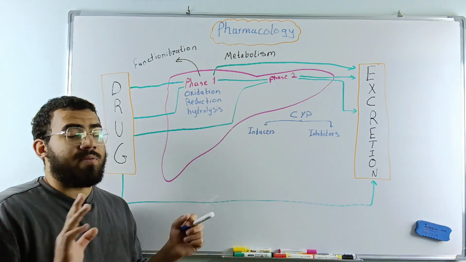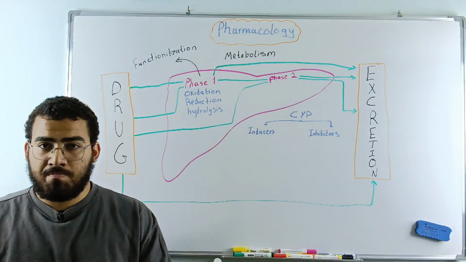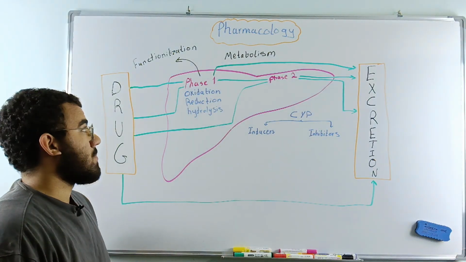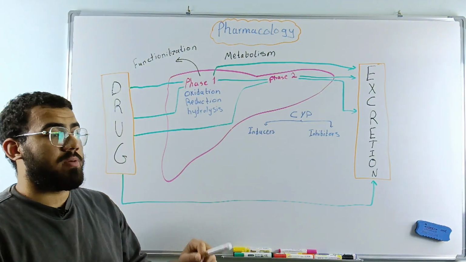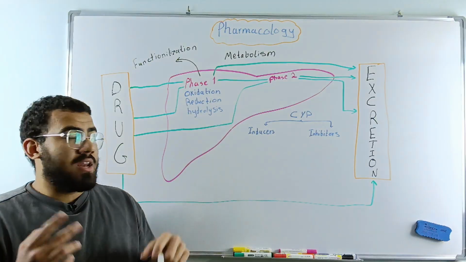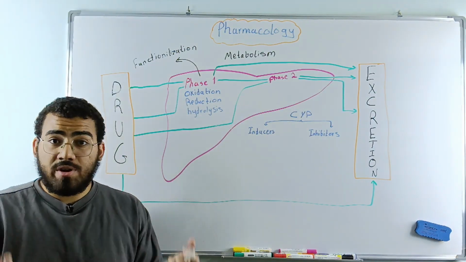You want to get rid of it after it has finished doing its job, which is treating you from the specific disease. So in order to not keep this drug inside your body forever, you need to excrete it. And excretion mainly happens through the urine.